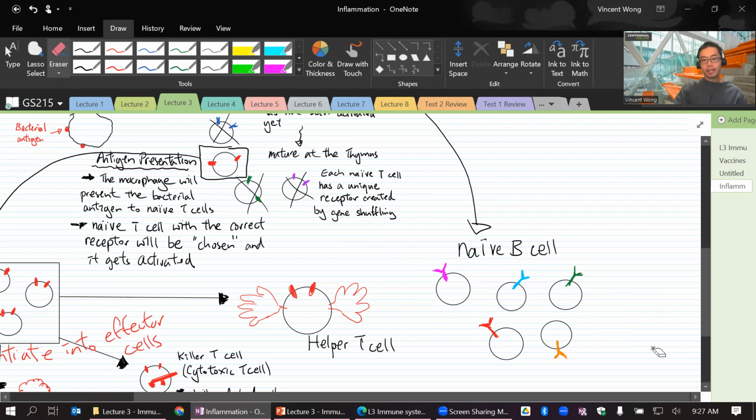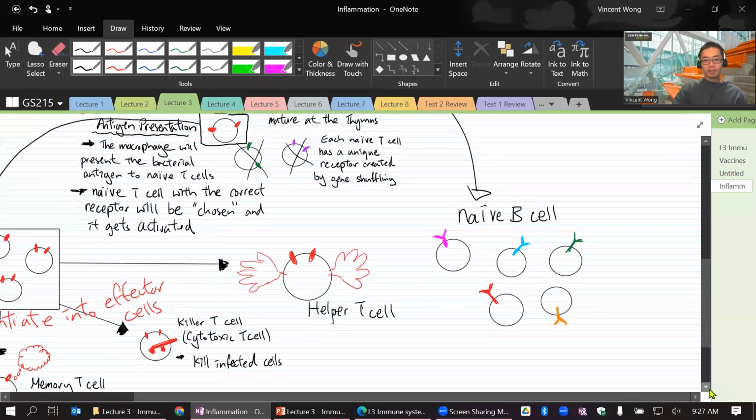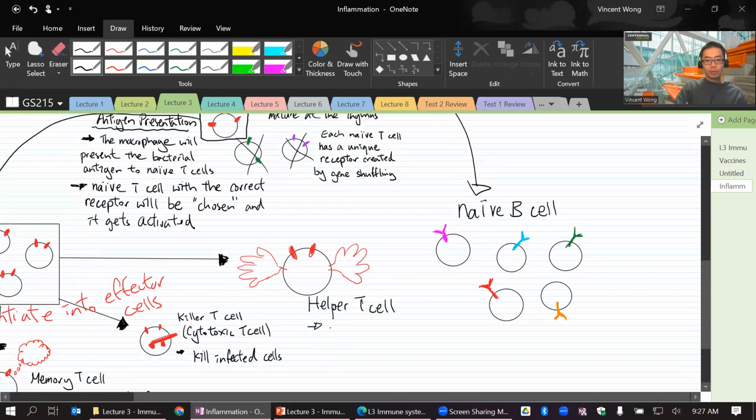I'm not going to rewrite that. If you understood that, you will understand this, right? And so the helper T cell's function is to find and activate the naive B cell with the correct antibody.